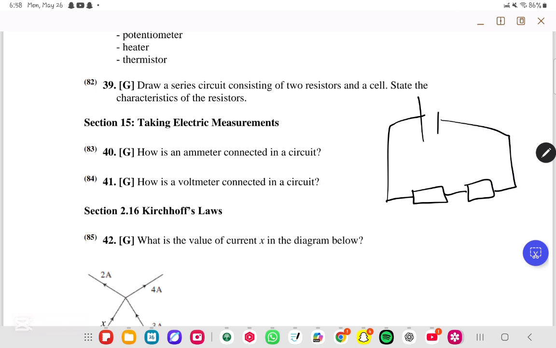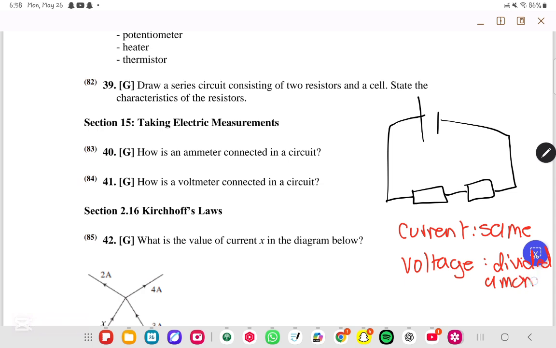Now, because they are in series, they will have the same current, whereas voltage is divided among them. However, if we were to put them in parallel, the current is divided among them, whereas the voltage is the same in each one.